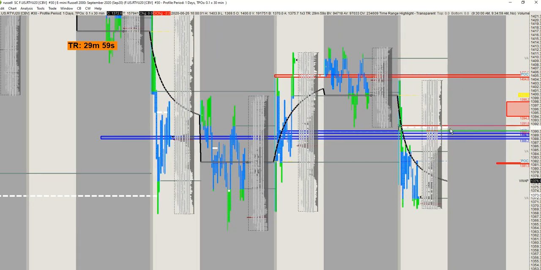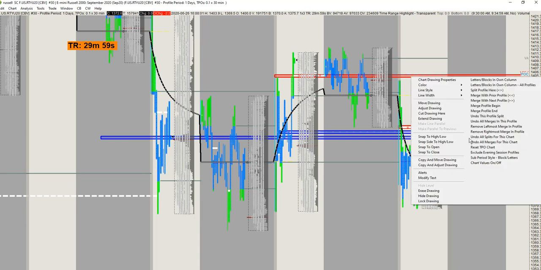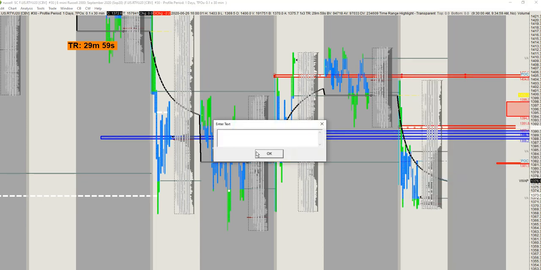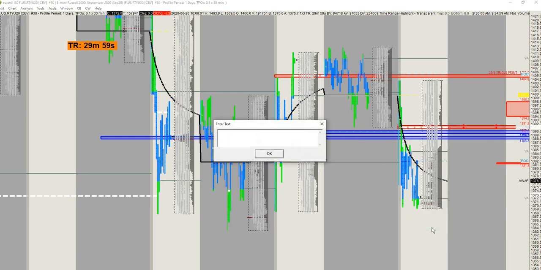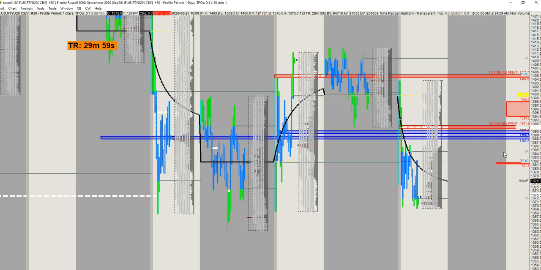Same thing with this single print, okay? I'm putting this single print for now, the 25th of 6, single print, because going forward, these are going to be important zones to keep track of.